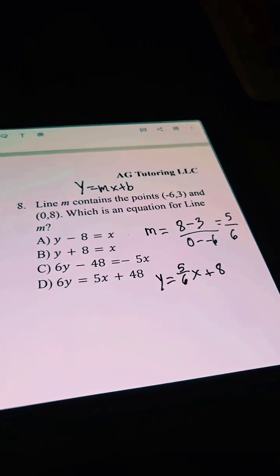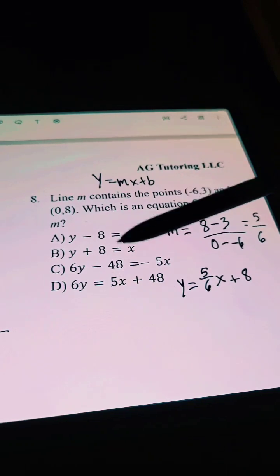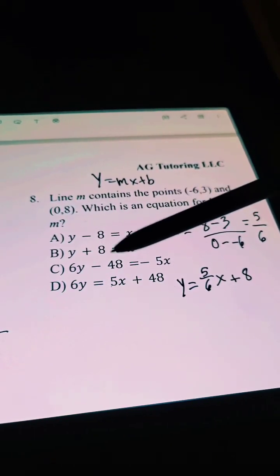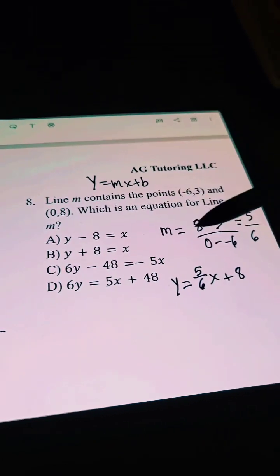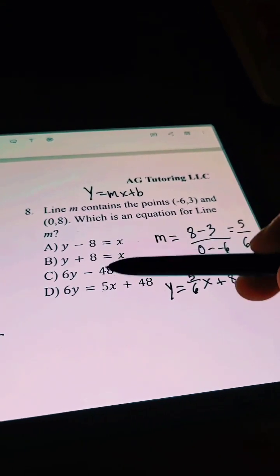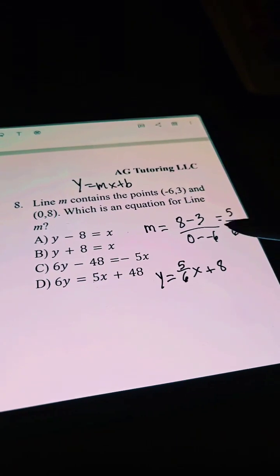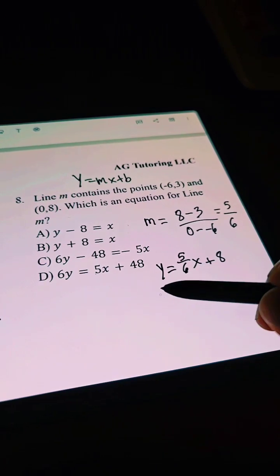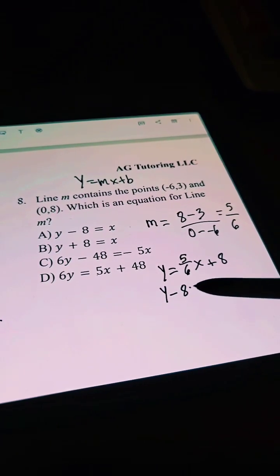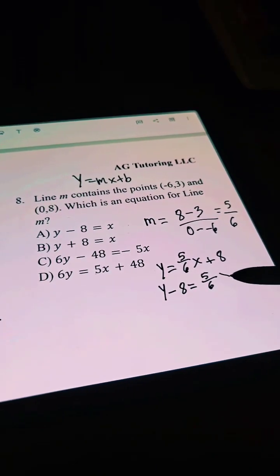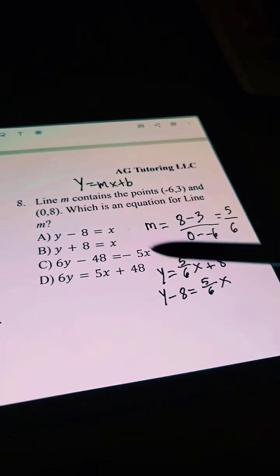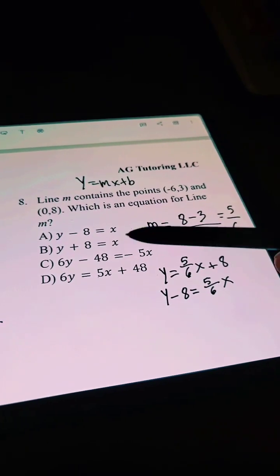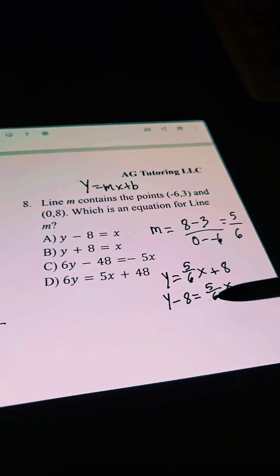So let's see. I'm going to look for a pattern. I see that the y and the regular number part seem to be on the same side in 3 out of the 4 answer choices, so I'm going to start there. I'm going to subtract 8 from each side so I get the y and the number on the same side. And then it looks like the whole equation was multiplied by some value to get rid of the denominator.